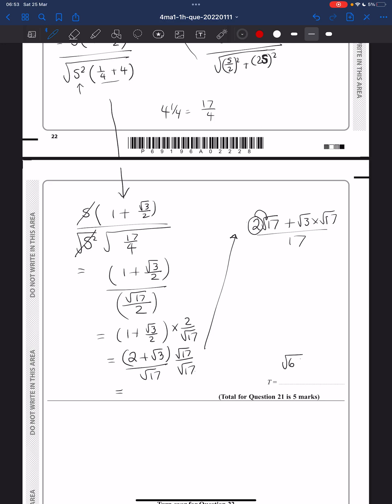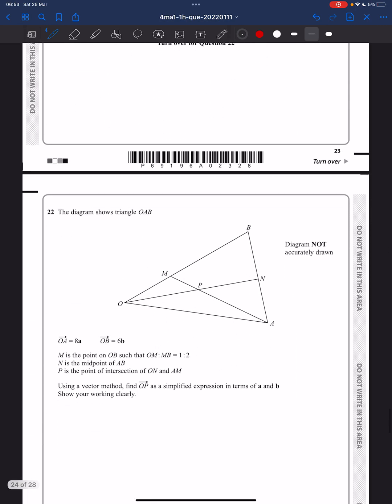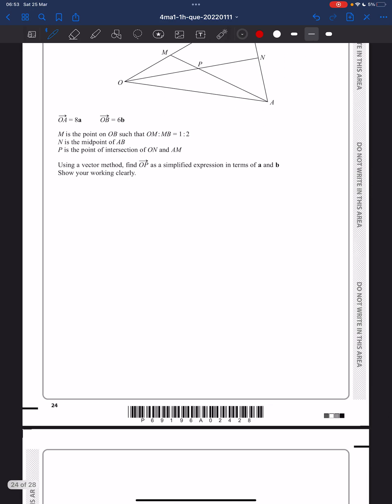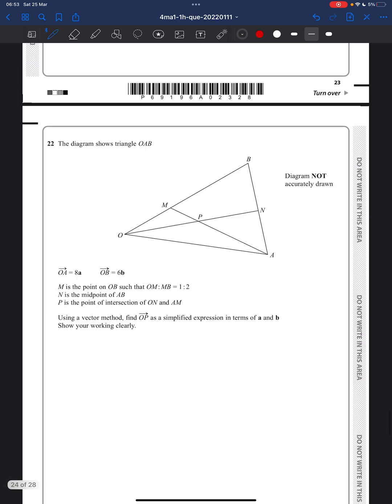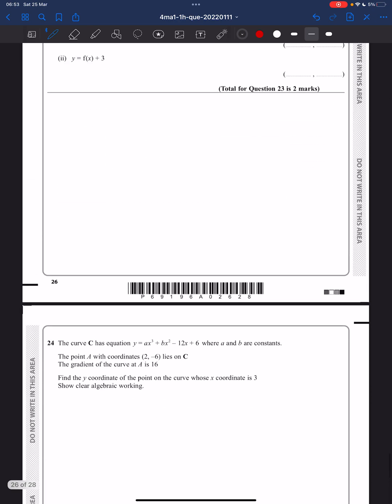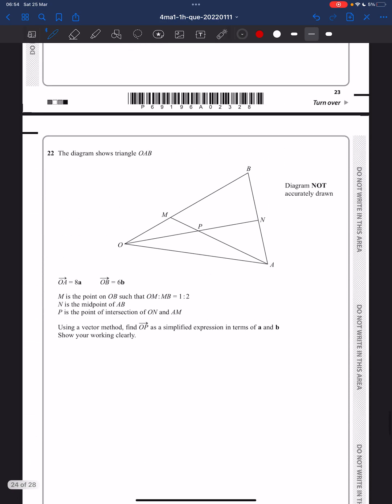So it's the square root of 68 plus the square root of 51 divided by 17. 5 well-earned marks. Right, I've got a bit of a battery problem. Anyway, we'll see. I've got to get to question 24. Let's just keep going. If I have to stop, I have to stop.